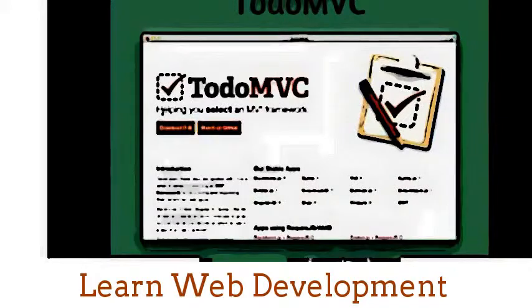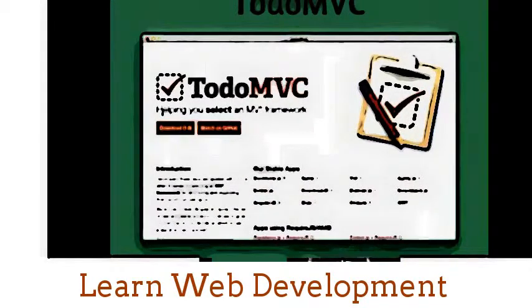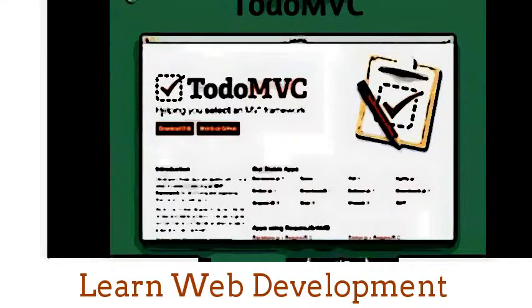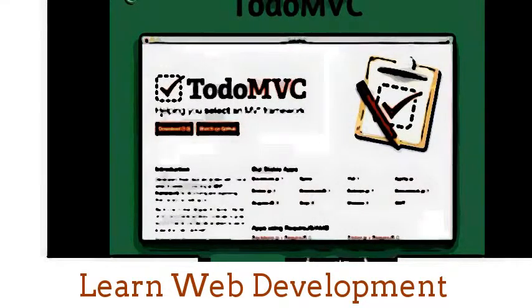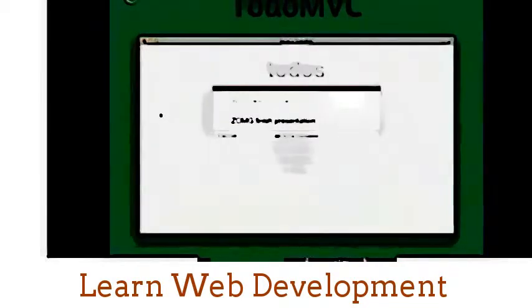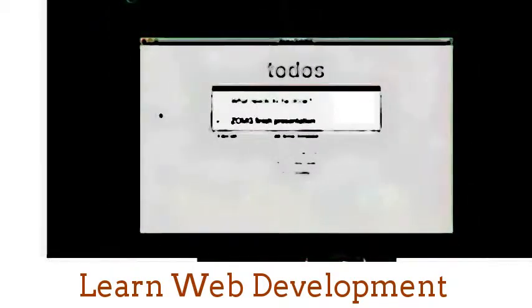This is a resource built by Addy Osmani and several other folks, and it attempts to take pretty much every client-side MVC framework that exists and build the exact same to-do list application. It's trying to be the Rosetta Stone of client-side MVC frameworks. The app itself looks like this. This is a really excellent resource for determining which MVC framework is going to fit your needs.